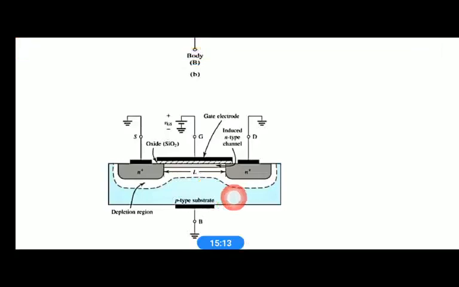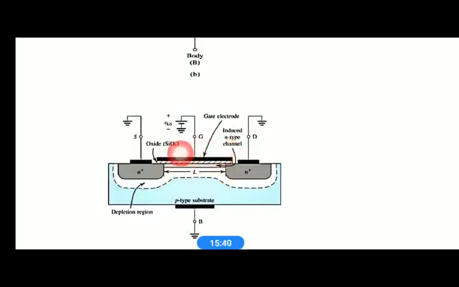Okay, so this channel is of N type, right? So you know how the channel is formed. When the channel is formed, this N-type channel forms one plate having electrons, the negative plate, and on the other side the metal or polysilicon of the gate, which has a positive voltage applied, acts as the positive plate.